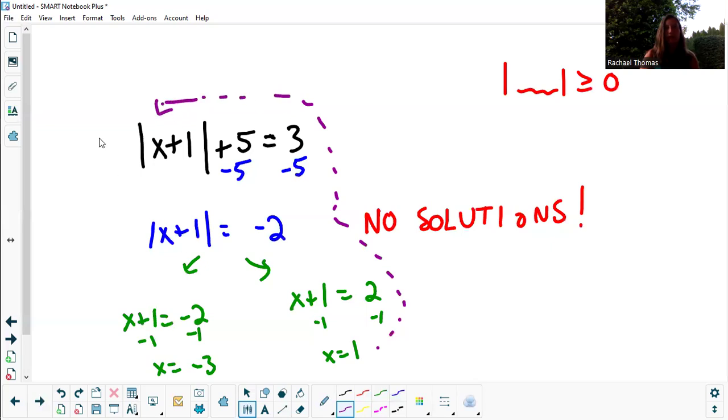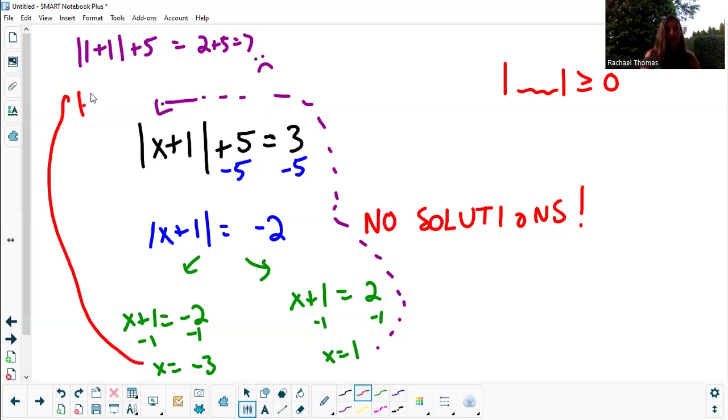If I plug that in here, 1 plus 1 is 2. 2 plus 5 is 7. That is not equal to 3. If I try this other one, if I plug in -3, -3 plus 1 is -2. The absolute value of -2 is 2, and 2 plus 5 is 7, not 3. And you can see that neither of those numbers actually works.